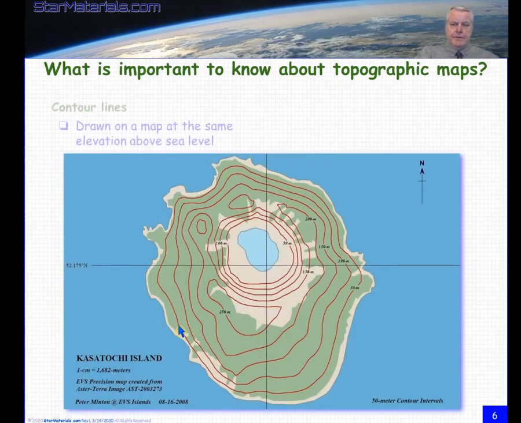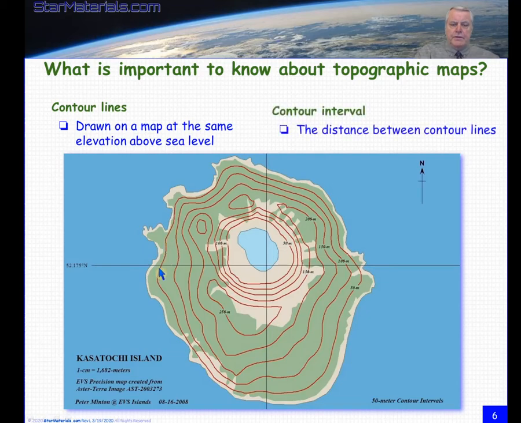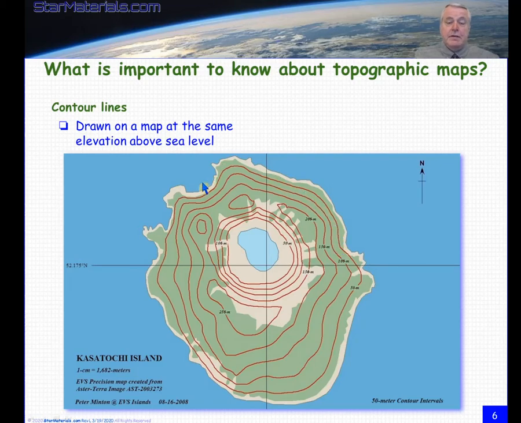Let's look at an island. If I were to walk along this line here, I would always be at the same height above sea level, all the way around the mountain, or the island. If I went to the next line, let's see, 50-meter contour intervals.